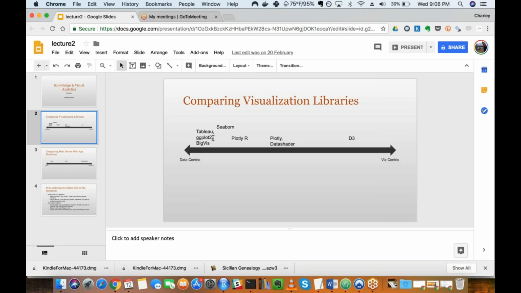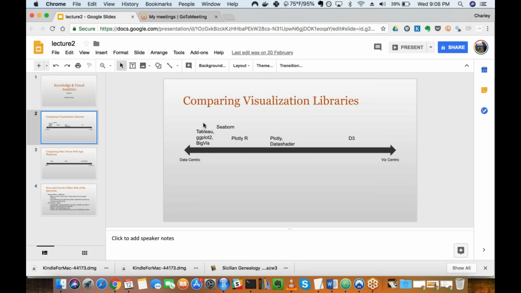There are a lot of packages that will do the aggregations for you and link more closely with your data model. Something like Tableau brings in the aggregations along with your visualization types, and it's intimately linked to the type of data that you have.